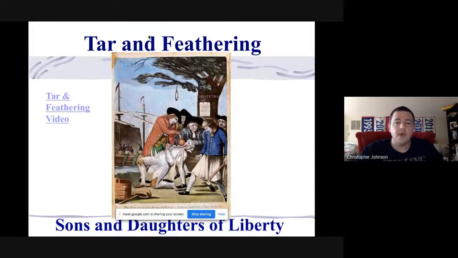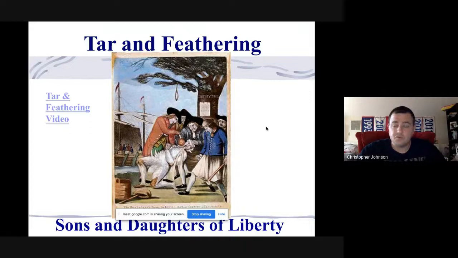We unite together in the colonies, but we also formed two very terrorist groups called the Sons and Daughters of Liberty. For the tax collectors, they poisoned them, they threatened them with nooses, they tarred and feathered them. If you want to watch the video again from John Adams, go ahead.